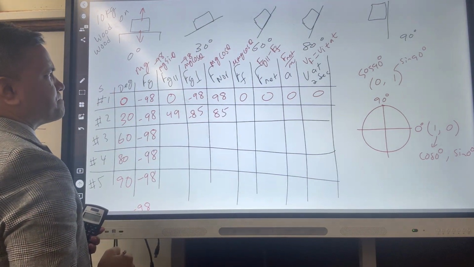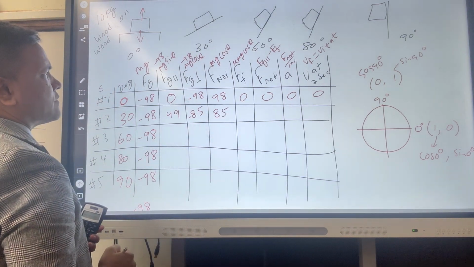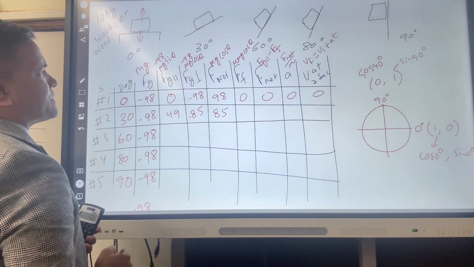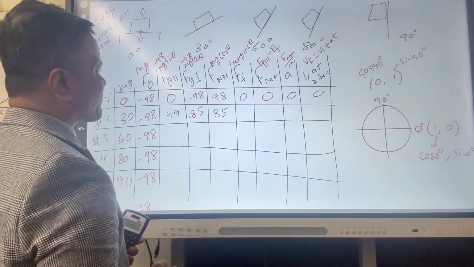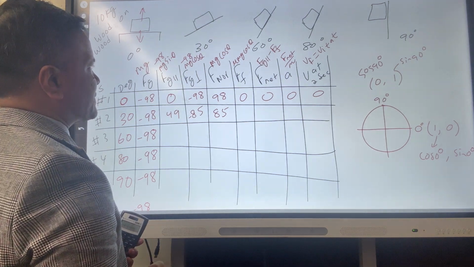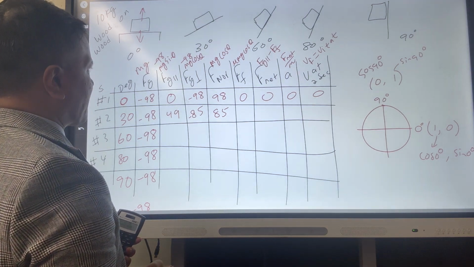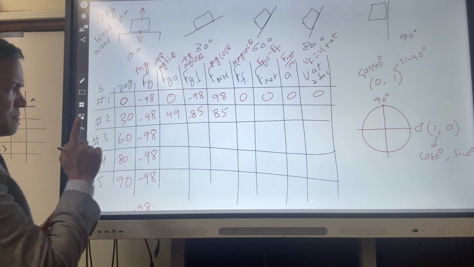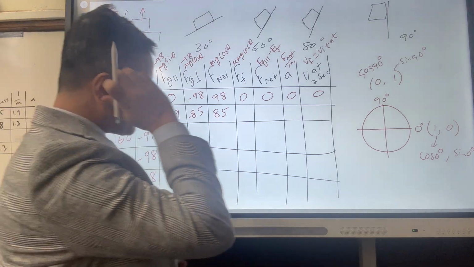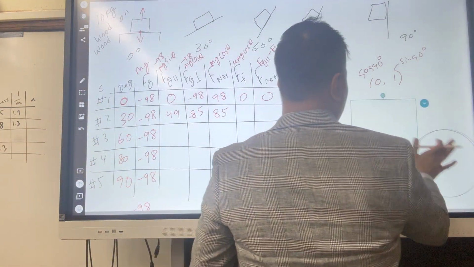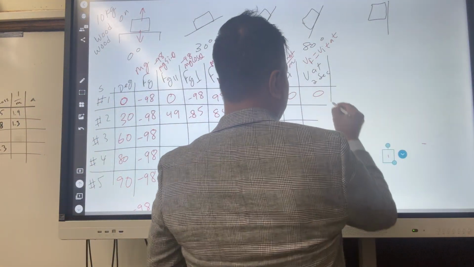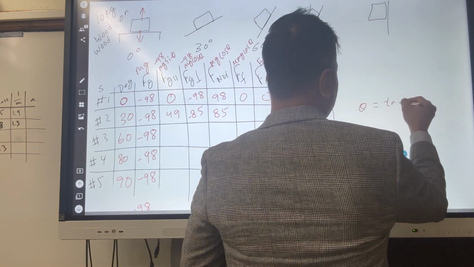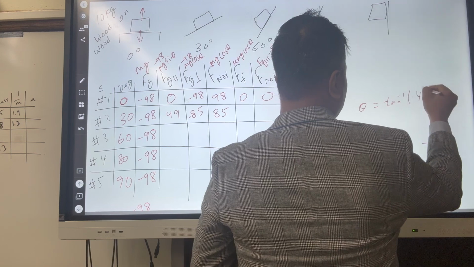Force of friction. This is wood on wood. So assuming that the object is going to be in motion, this is what I'm going to prove tomorrow. I don't know whether I can prove it today. The tangent theta is 0.4, so theta is inverse tan 0.4.